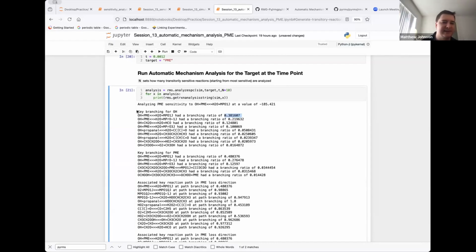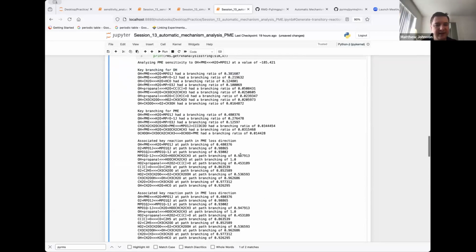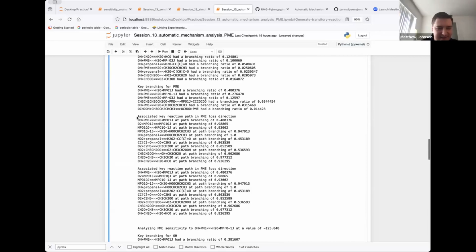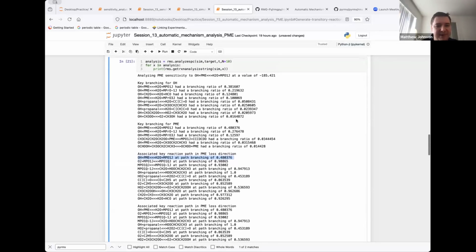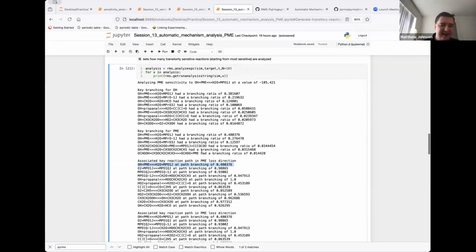So it's possible that this reaction is sensitive because it's affecting branching for where OH is going, which is definitely true for this. It's also important for branching about where the fuel's going, what the fuel is turning into. And it also says that it might possibly be involved in how propyl-methyl ether is being destroyed.